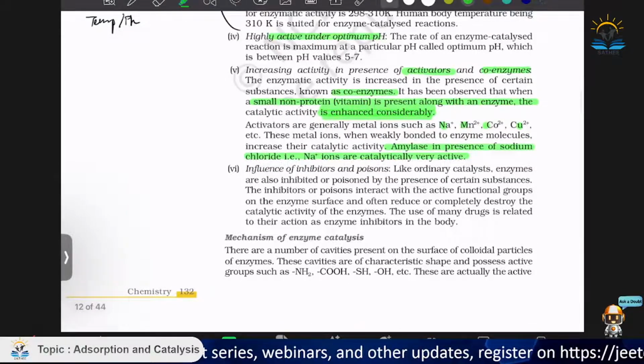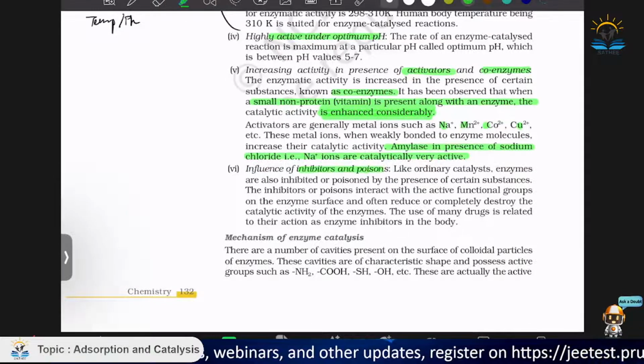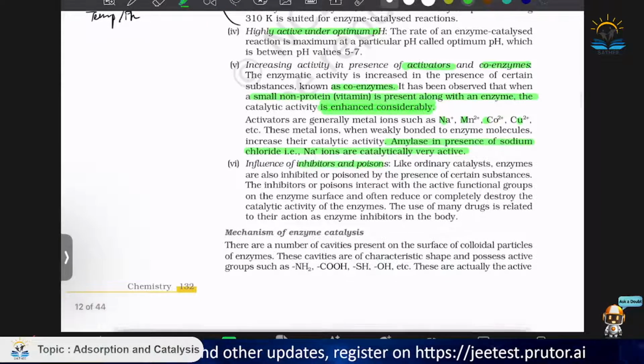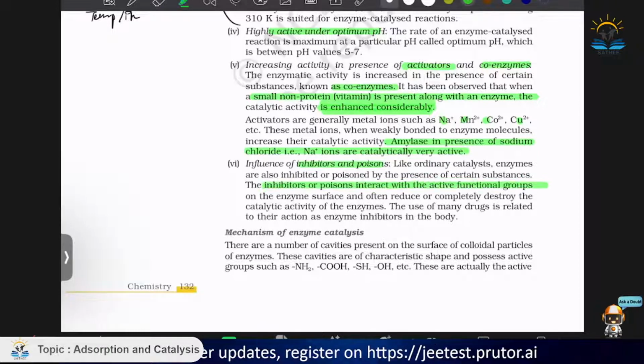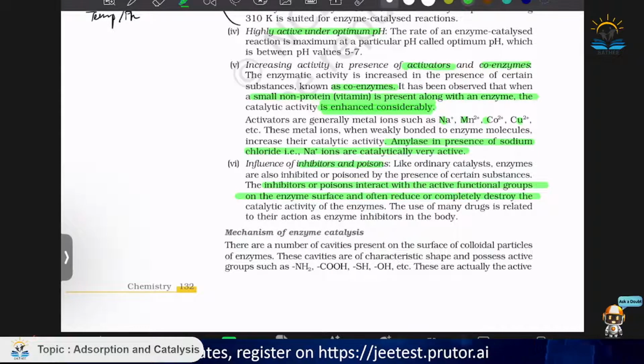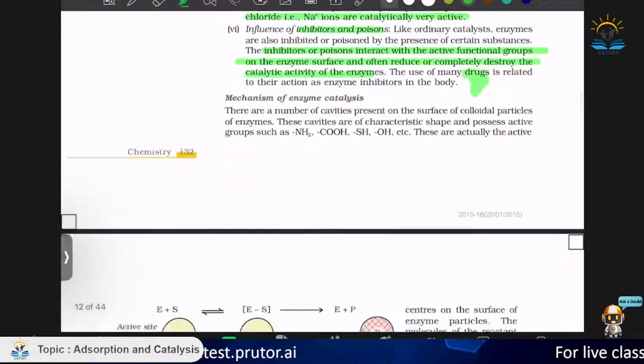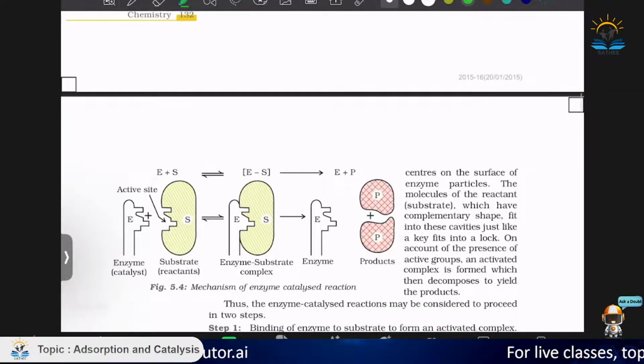Then there are inhibitors and poisons. Inhibitors and poisons interact with the active functional groups of the enzyme surface and reduce or destroy the catalytic activity. Drug action is mainly an example. Mechanism of enzyme catalysis: again, it is a lock and key mechanism.